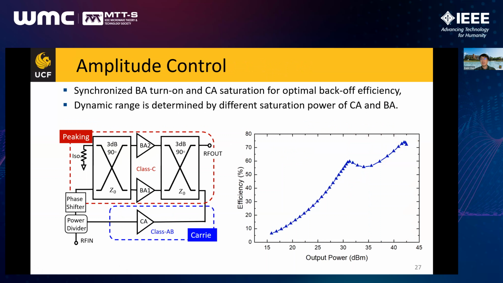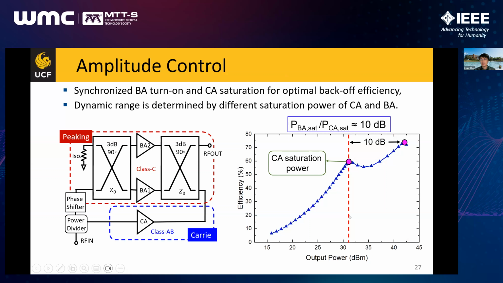So the design of this PD-LMBA requires proper amplitude and phase control. And we'll start with amplitude control. So the first efficiency peak has to be designed at the designated power backoff, for example, 10 dB in this case.